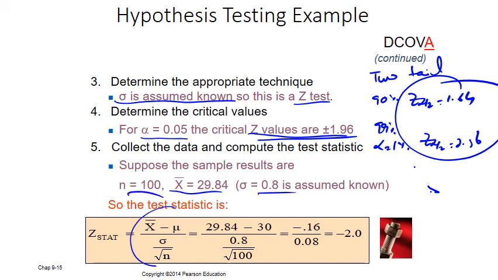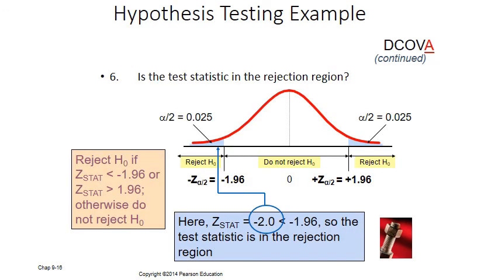You can substitute the values into this formula. You get z stat equal to minus 2. So your z stat is minus 2 and your z critical values are minus 1.96 here and plus 1.96 here. Minus 2 comes in this area, so this is our rejection region.